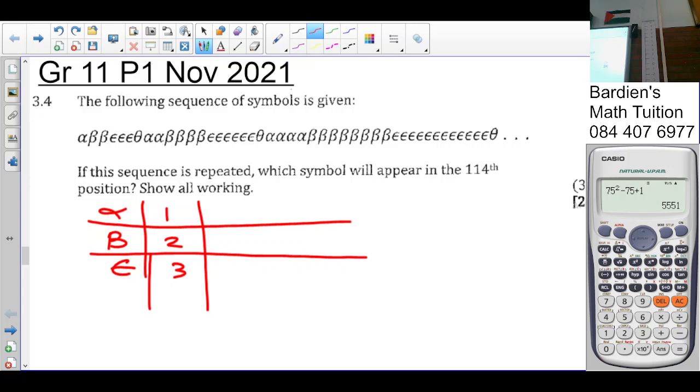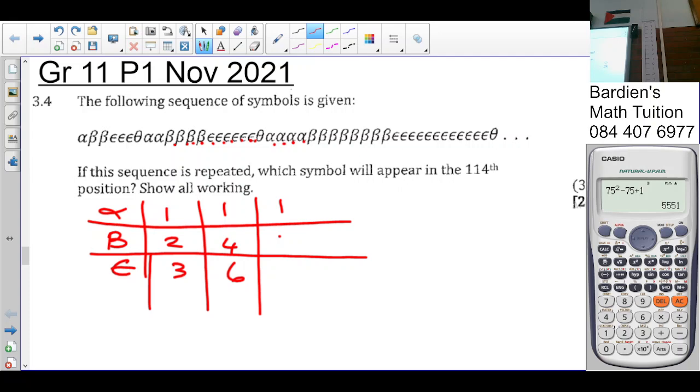1 alpha, 4 betas, 1, 2, 3, 4, 5, 6 epsilon signs, 1 theta.